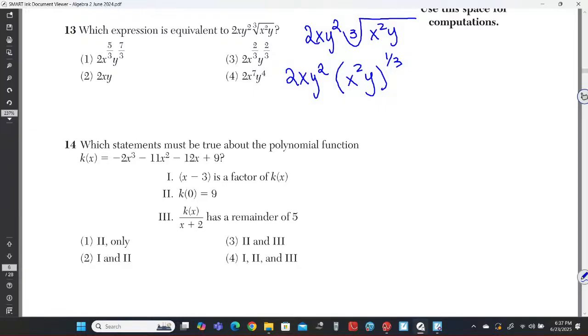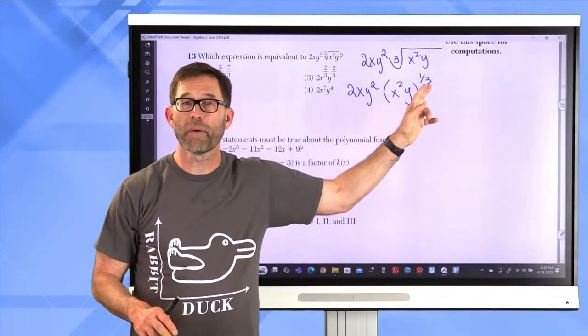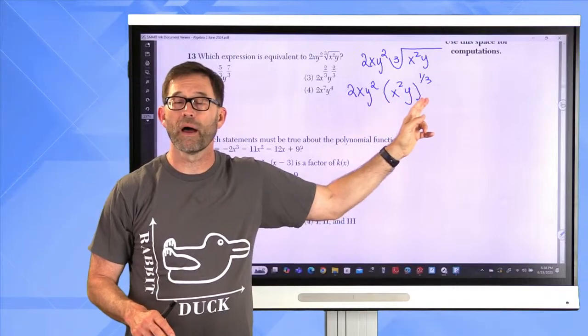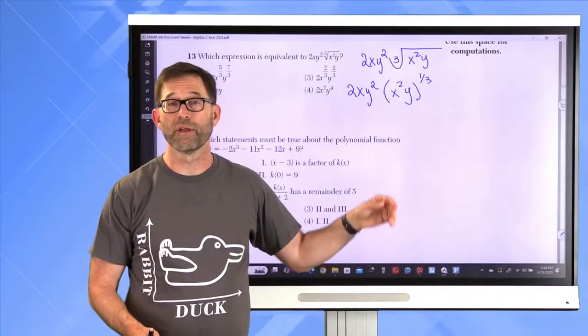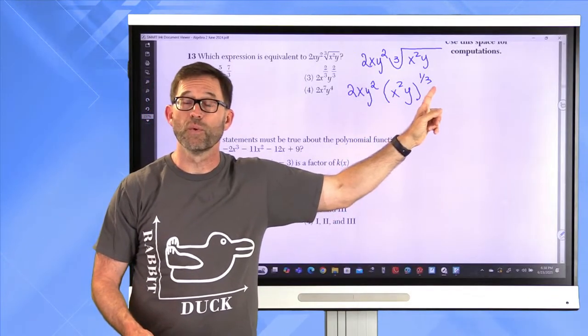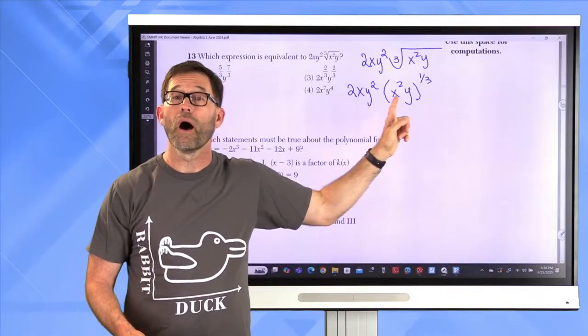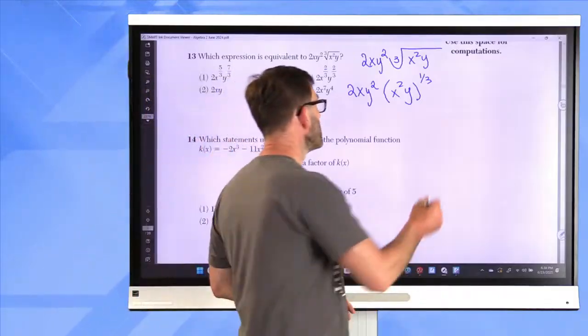Now, we have an exponent property that says when I have a product raised to a power, that power gets applied to both parts of the product. I also have another exponent property that says when I have something raised to a power, like x squared, raised to another power, like 1/3, I multiply those two powers together. So all of this becomes the following.